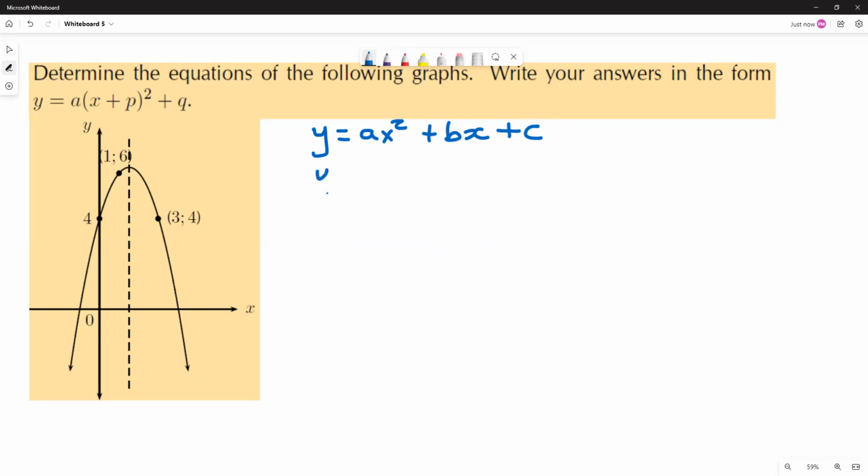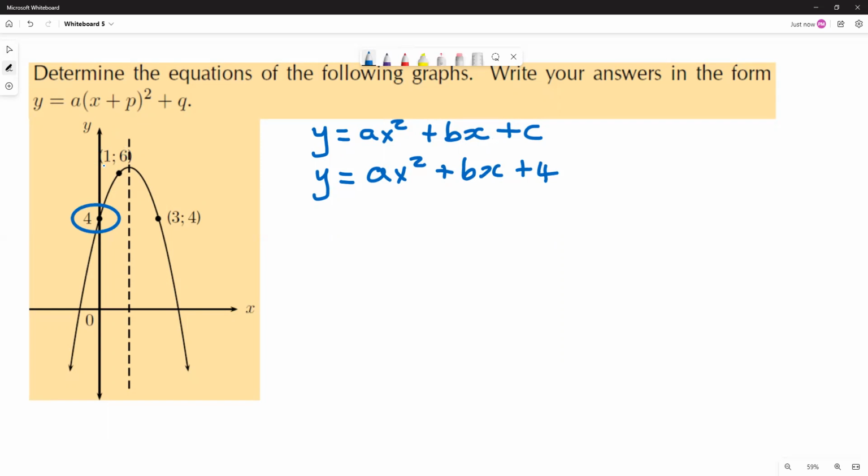So you have y equals ax squared plus bx, and then you can see that your c is the y-intercept, remember, so plus 4. Now you need to do simultaneous equations.